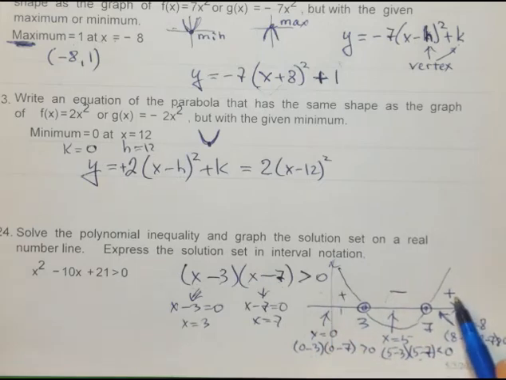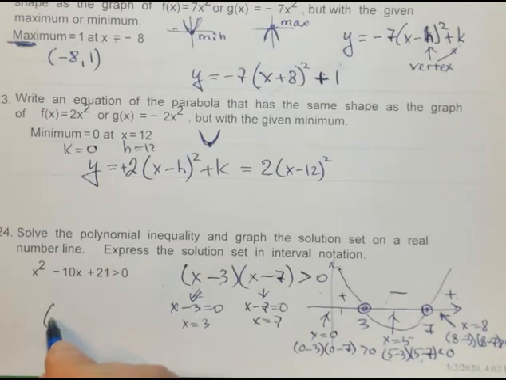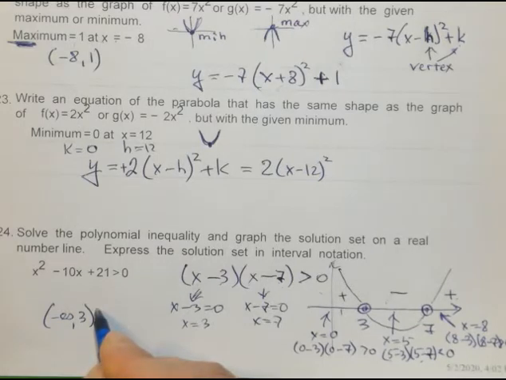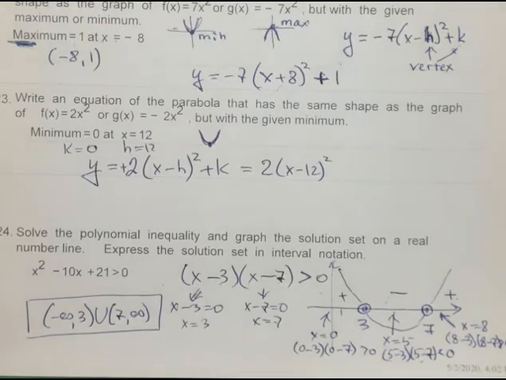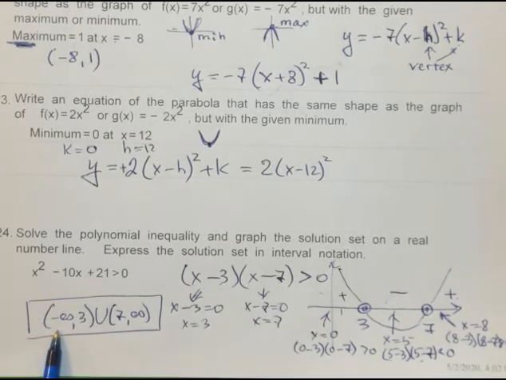And these are two intervals: from negative infinity to 3 and from 7 to positive infinity. We use parentheses since the boundary points are excluded, and infinity is always excluded because it's not reachable. You cannot include it in the interval.